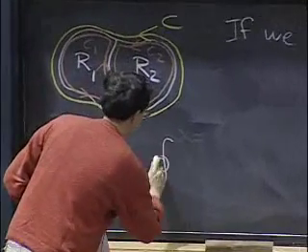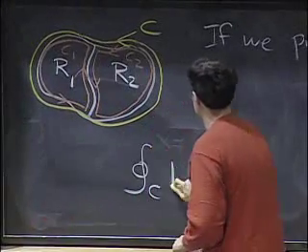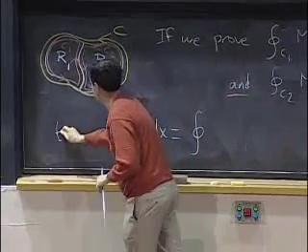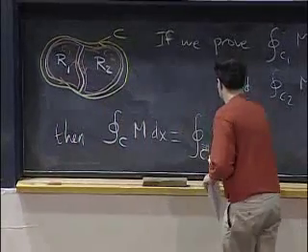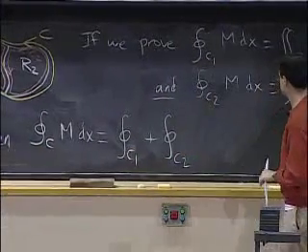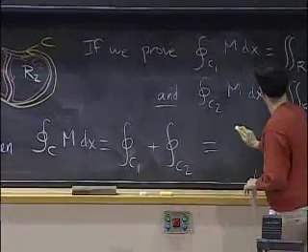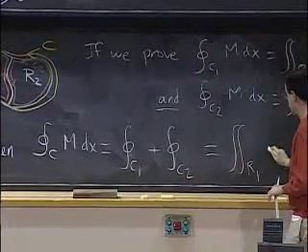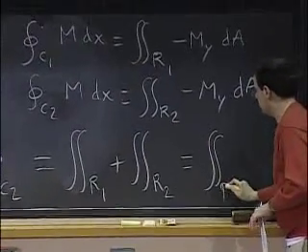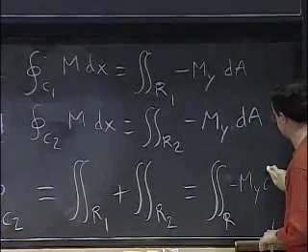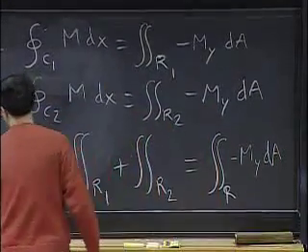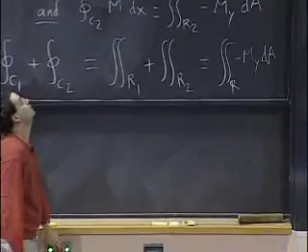Okay, so the line integral along C will be the sum of the line integrals on C1 and C2, and that will equal, therefore, the double integral over R1 plus the double integral over R2, which is the double integral over R of negative m sub y.